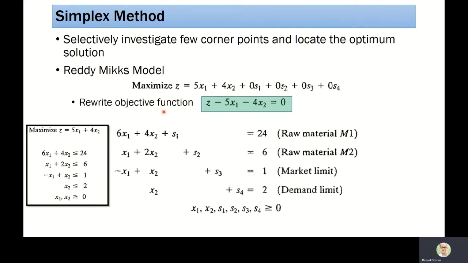We are rewriting this objective function by taking everything to the left hand side: z minus 5x1 minus 4x2 equals 0. The right hand side is non-negative, so both requirements are satisfied when we convert our LP model into equation form. This rewriting of the objective function has a significance we will discuss in later slides.